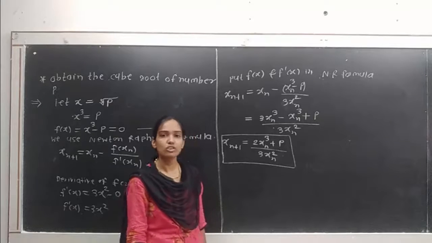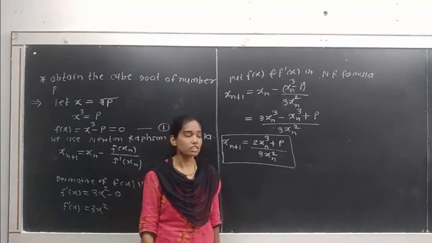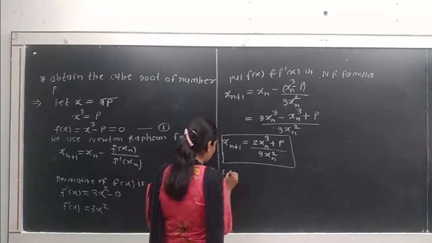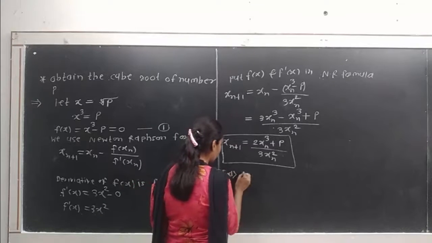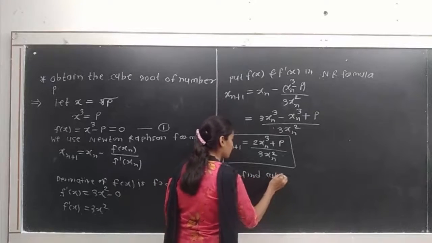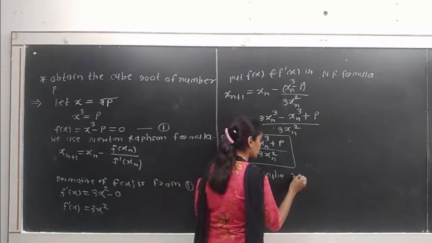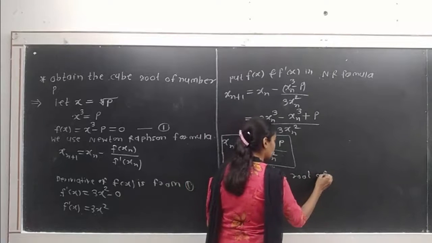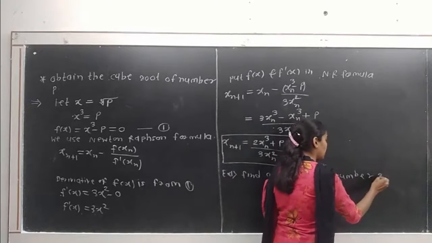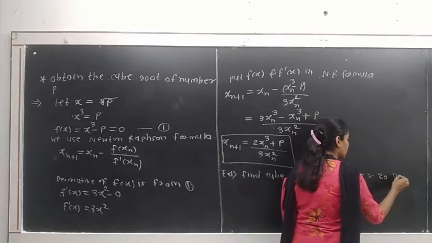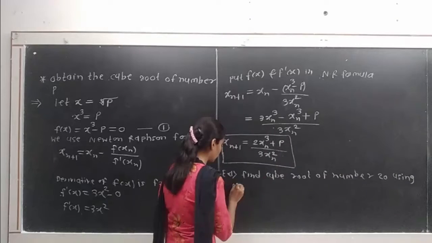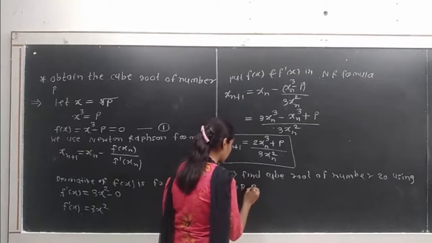Okay students, first we see one example on it. Example number 1: find the cube root of number 20 using Newton-Raphson's formula.